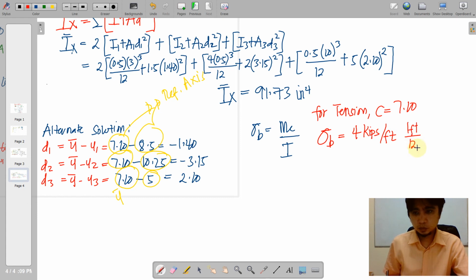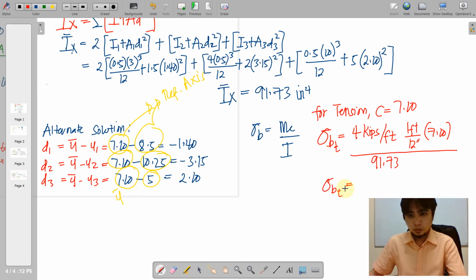Wherein we have to multiply it by 12 to make it kips per inches. So we multiply it by the distance, 7.1, divided by the computed I in terms of inches. So we have sigma b in tension. Let us check our units for a moment.